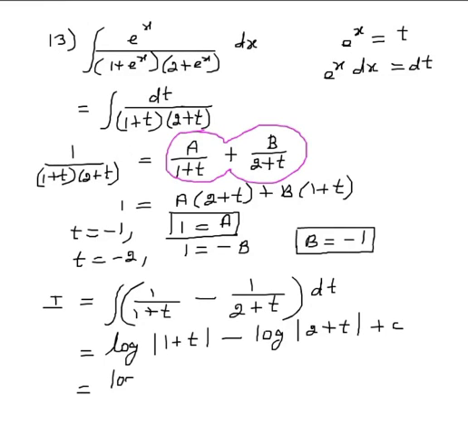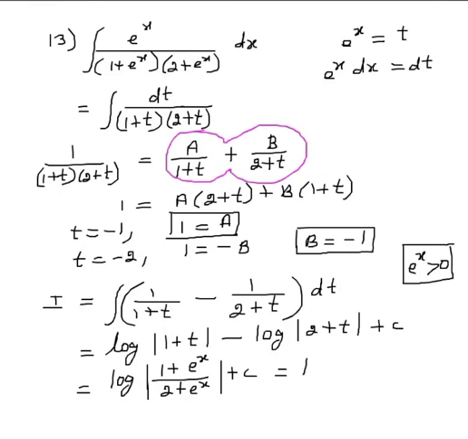Log a minus log b is log of a by b and substitute for t. So 1 plus e power x divided by 2 plus e power x. And we know that e function is always a positive function. e power x is always greater than 0. It doesn't even take the value 0. Therefore, we may remove the absolute value sign. Log of (1 plus e power x) divided by (2 plus e power x) plus c.